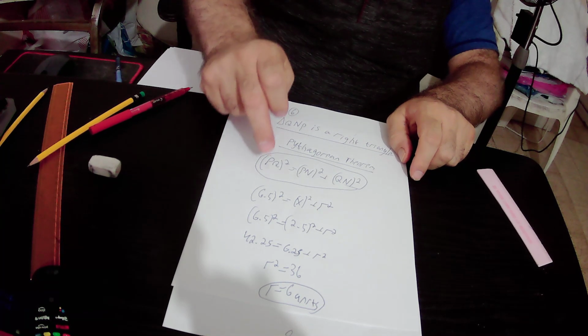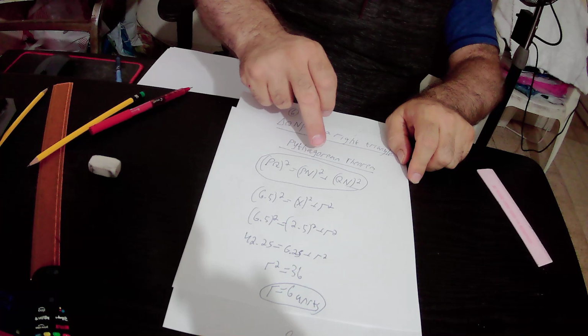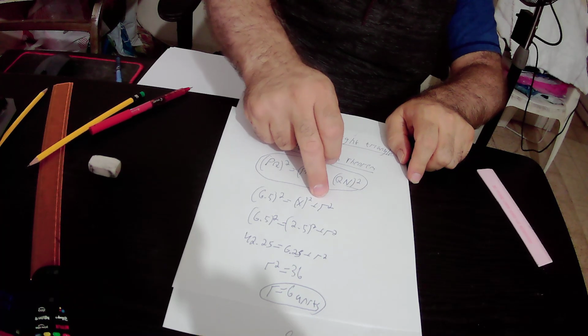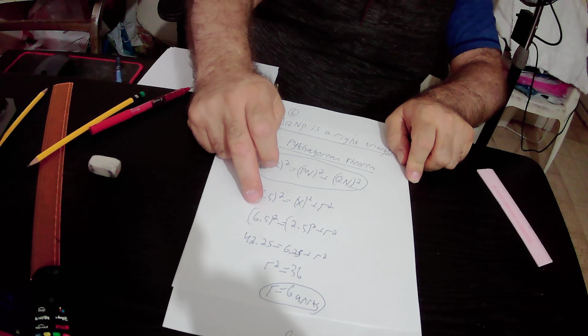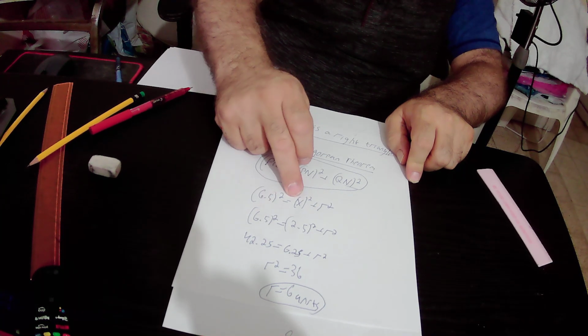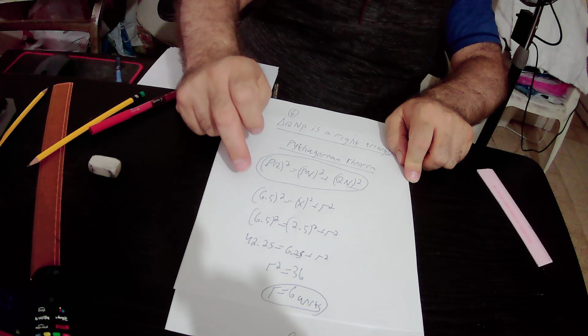We know that PQ equals 6.5 units, PN equals x, that is 2.5 units, and QN is the radius of the small circle that we want to find out. So 6.5 squared equals 2.5 squared plus r squared.